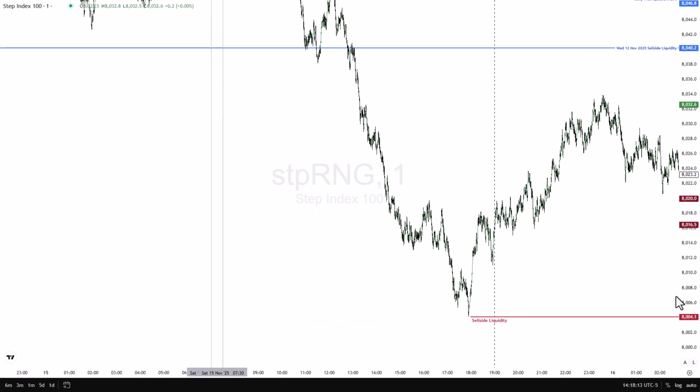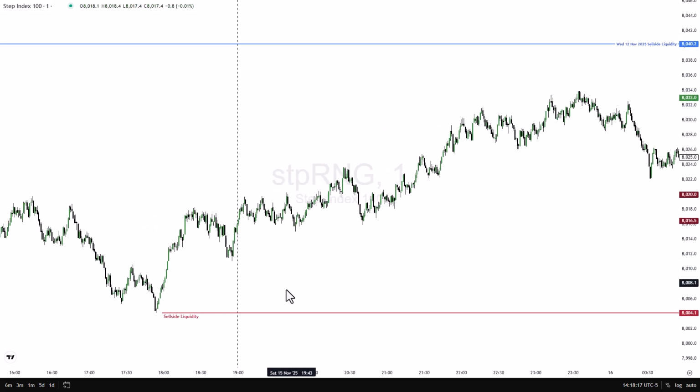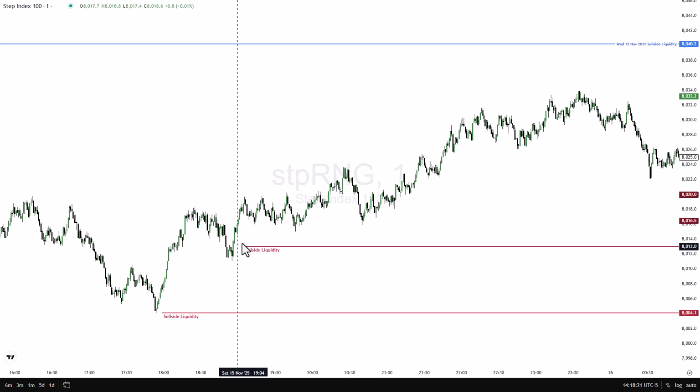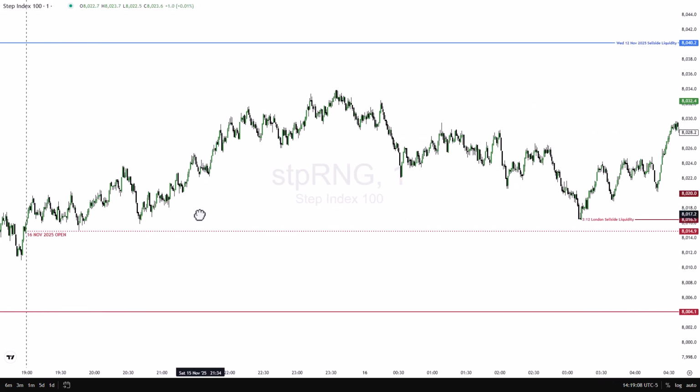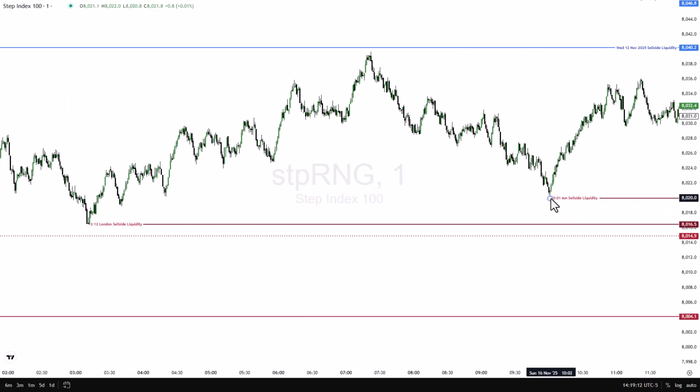If we zoom in on that particular day, we can see the opening price of the day. Here it is. This 16th of November's opening price, it has these lows, that low here. Here's the London low. Here is the New York low.